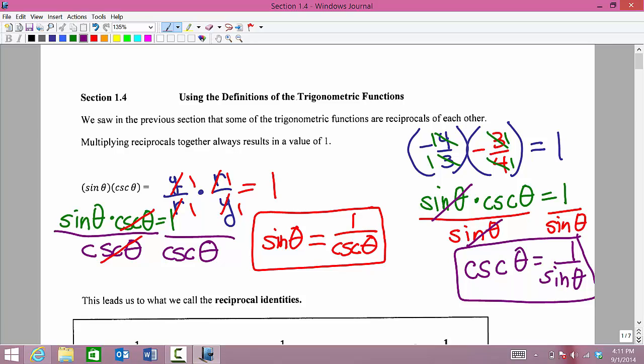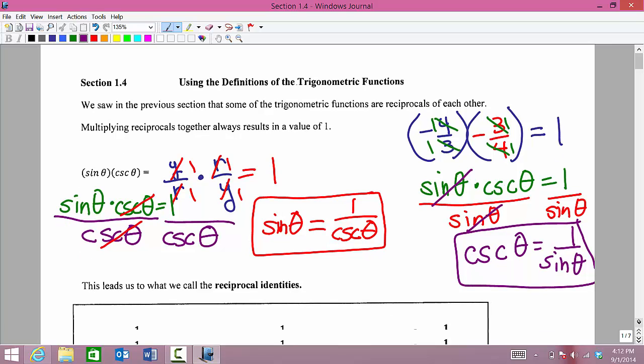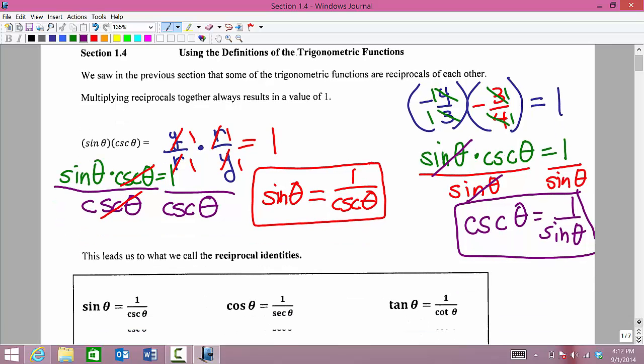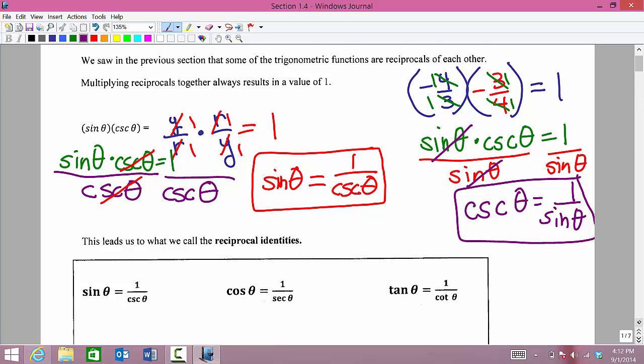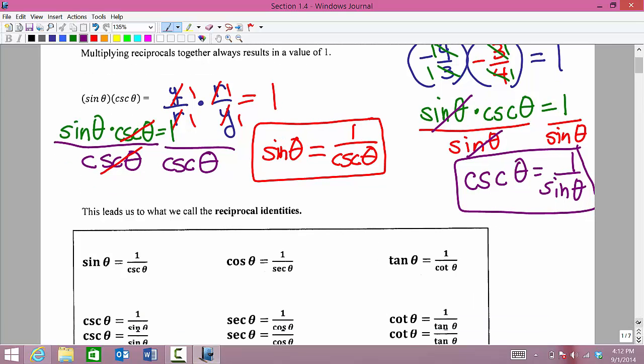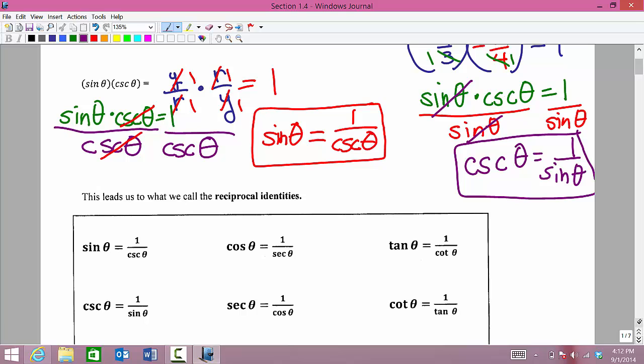And there are several identities that will follow from manipulating that equation or that identity. And we can see that this would follow through for all of the trig functions, not just for sine and cosecant, but also for cosine and secant.